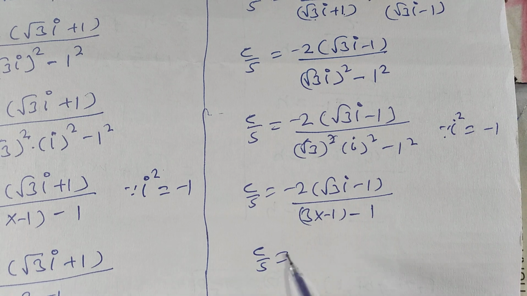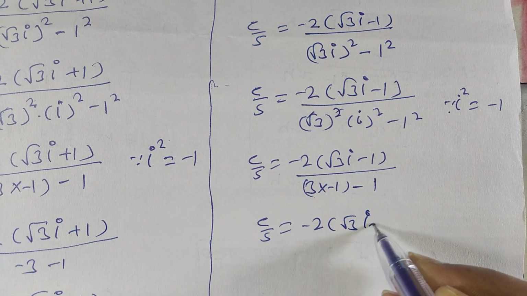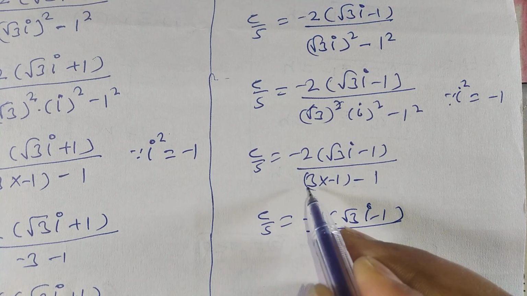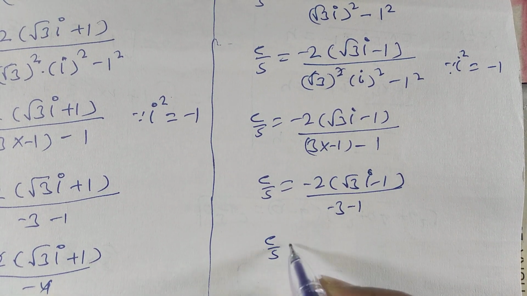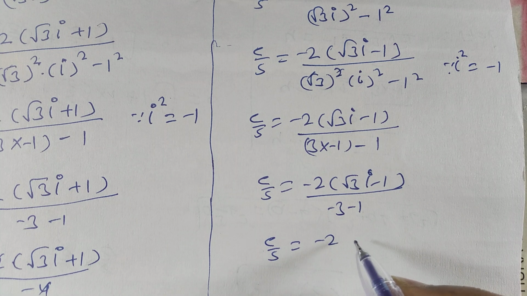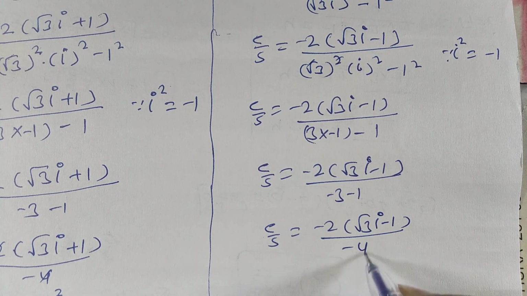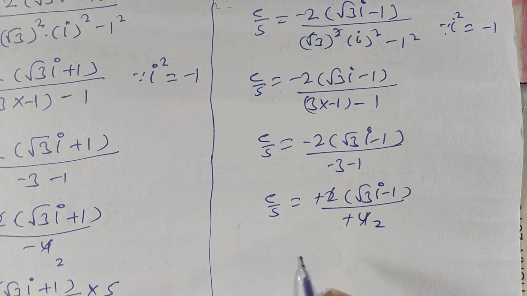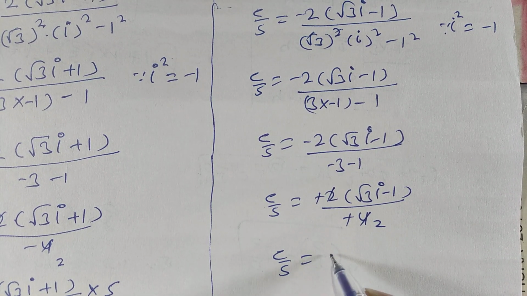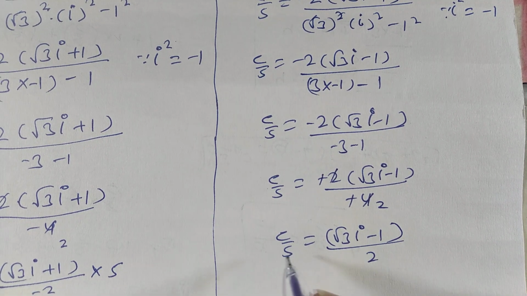C over 5 is equal to minus 2 square root of 3 iota minus 1 over 3 into minus 1 minus 1. C over 5 is equal to minus 2 square root of 3 iota minus 1 over minus 4. Cancel out minus into minus, 2 ones are 2, 2 twos are 4. C over 5 is equal to square root of 3 iota minus 1 over 2.